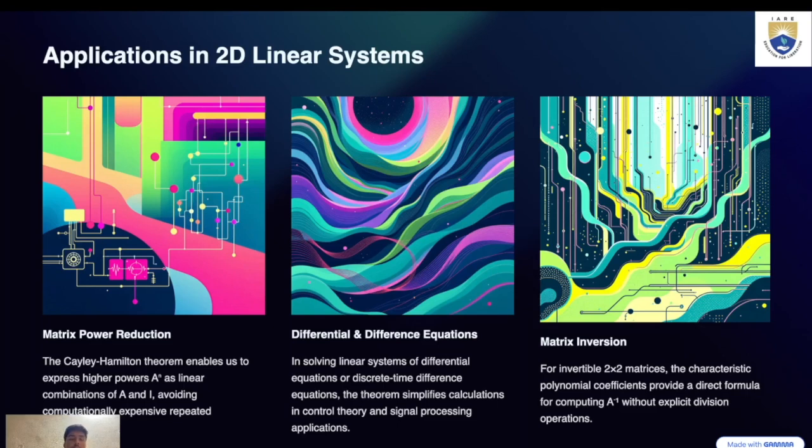Matrix inversion: for invertible 2 by 2 matrices, the characteristic polynomial coefficients provide a direct formula for computing A inverse without explicit division and elimination. Thus, this theorem is widely applied in both theoretical and practical problems.